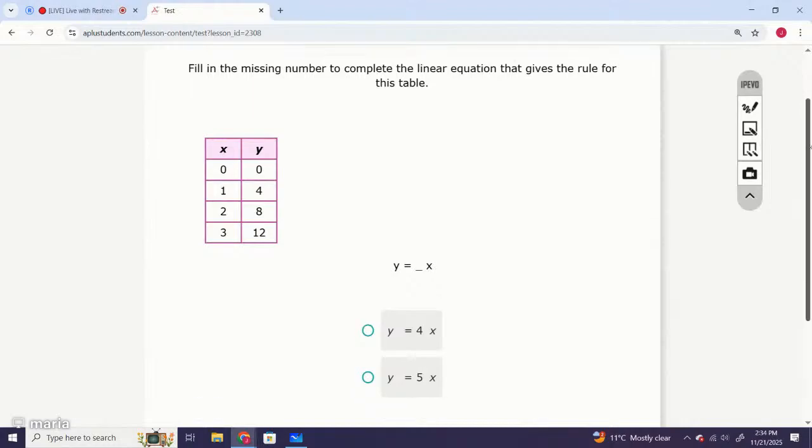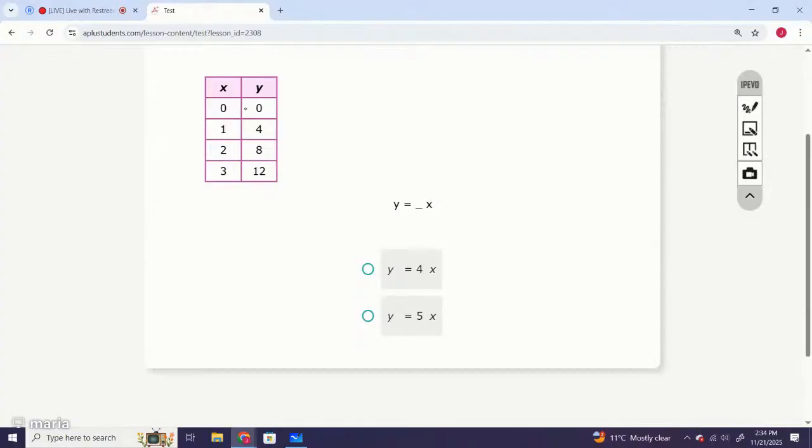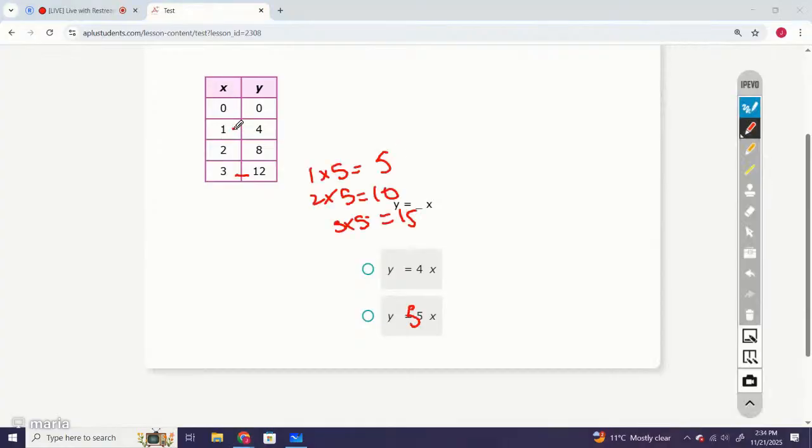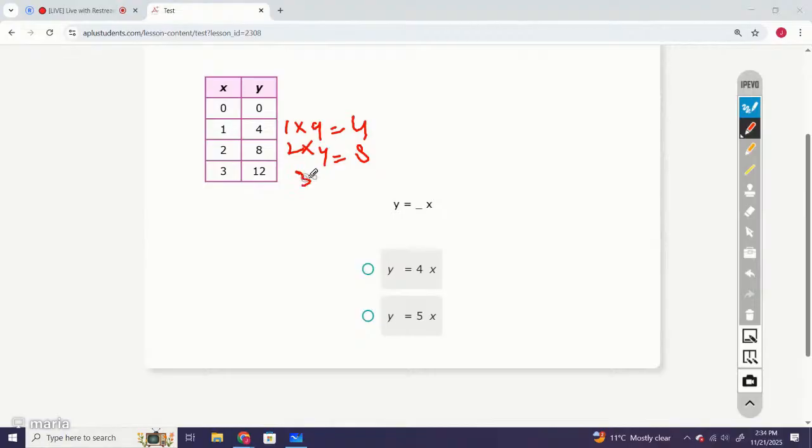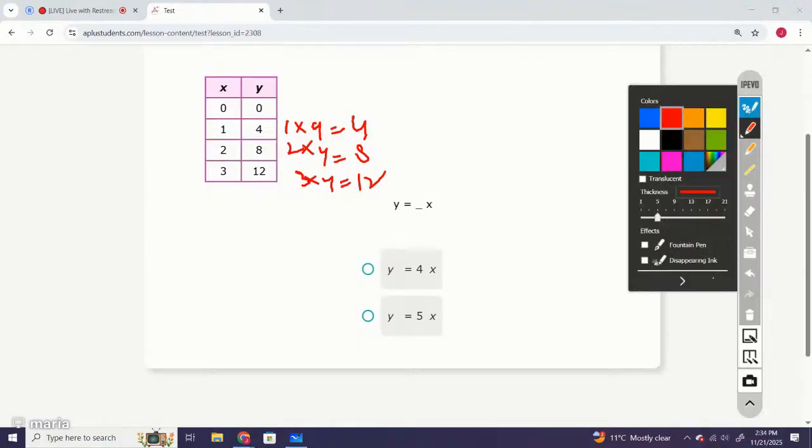So let's find the relationship between the values: 0 times 0 is 0, 1 times 4 is 4, 2 times 4 is 8, and 3 times 4 is 12. So y is equal to 4x. The correct option is y is equal to 4x. Option number 1 is the correct option.